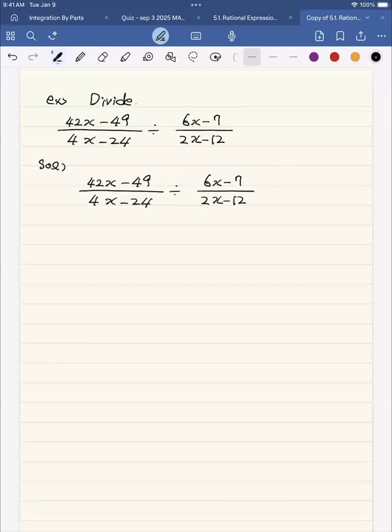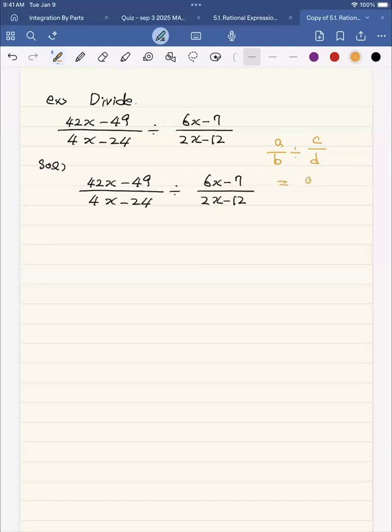Last problem is about dividing the fraction. When we consider 42x minus 49 over 4x minus 24 divided by 6x minus 7 over 2x minus 12, it is this form a over b divided by c over d.